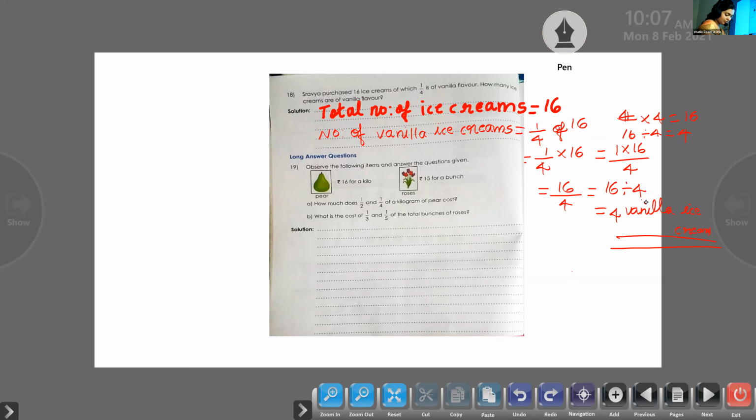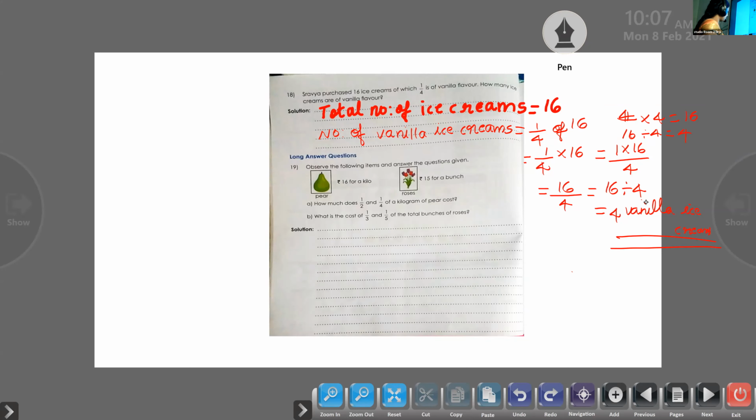How much does 1 by 2 kilogram of pear cost? And 1 by 4 kilogram of pear cost?